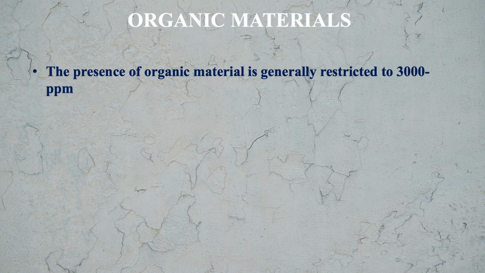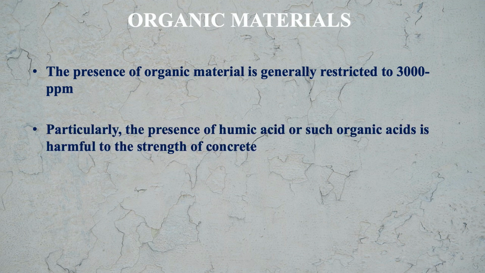So now let us see the effect of organic materials. The presence of organic materials is generally restricted to 3000 ppm. Particularly the presence of humic acid or such organic acids is harmful to the strength of concrete.